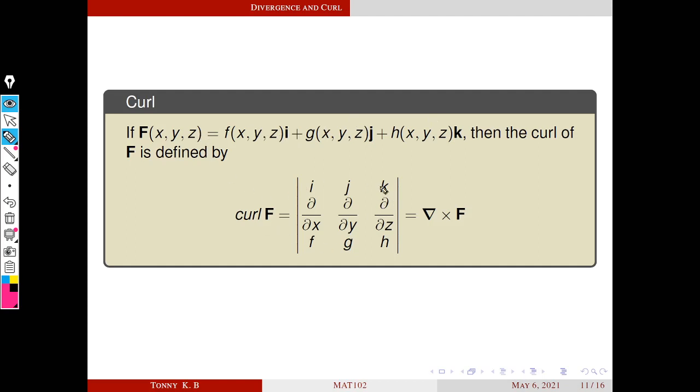If we expand this determinant, we get the curl of the given vector function. A very simple definition. Actually del is not a vector, it is an operator, but you can think of it as a cross product of two vectors.